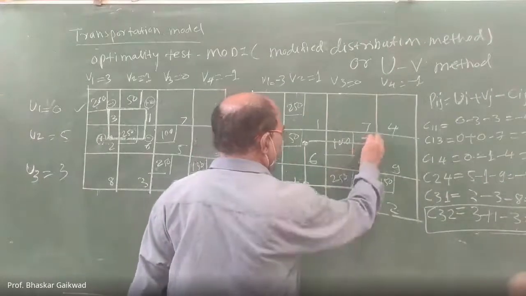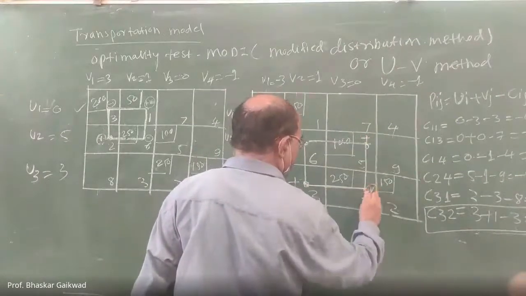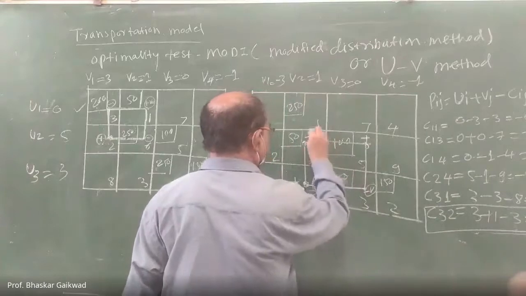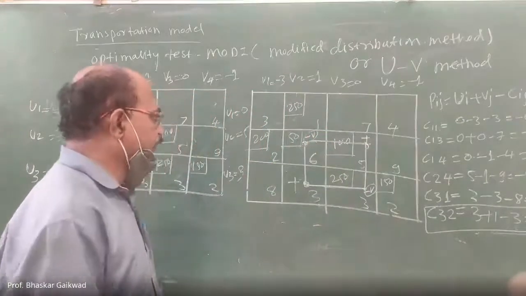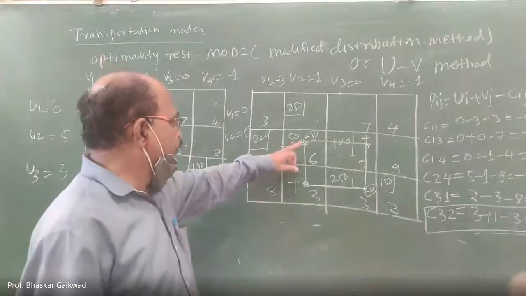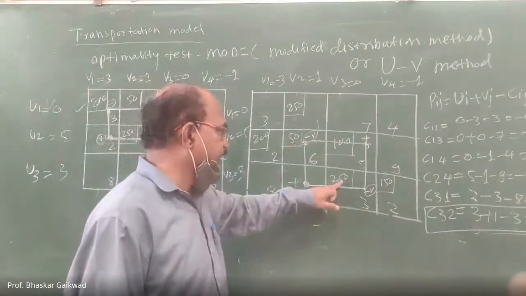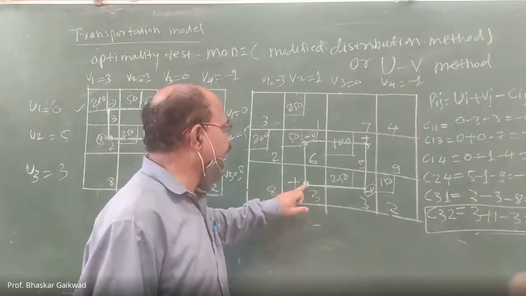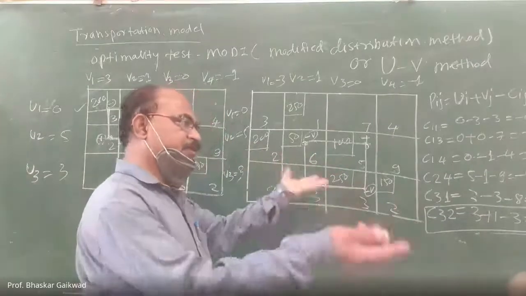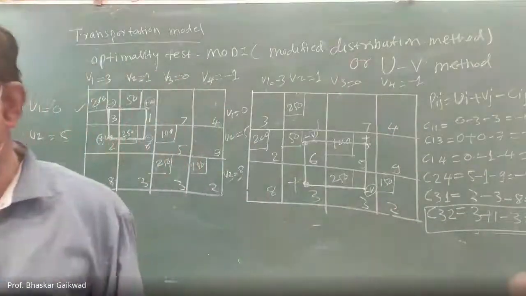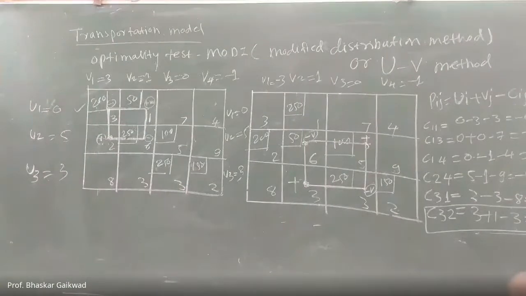Plus, opposite minus, opposite minus. Okay. So minus, you have to get it minus, and you can add here, and you can add here. Then change, and you can follow this process. So let us go to the next alterations.